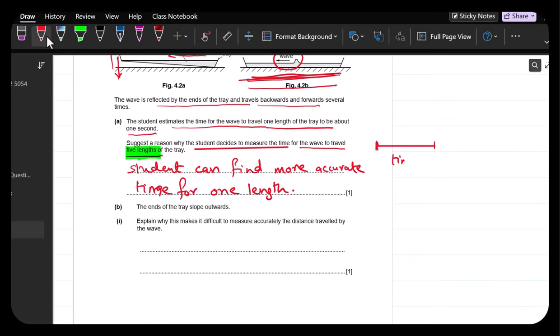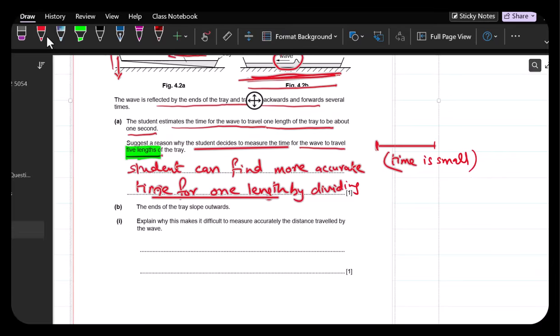The time is small, so the value will not be accurate. So the student can find a more accurate time for one length by dividing the time by 5, and the student will get the time for one length of the wave.